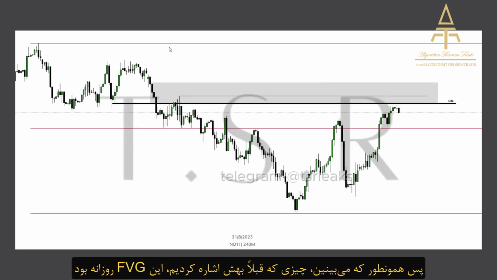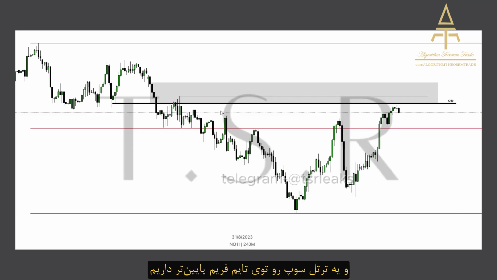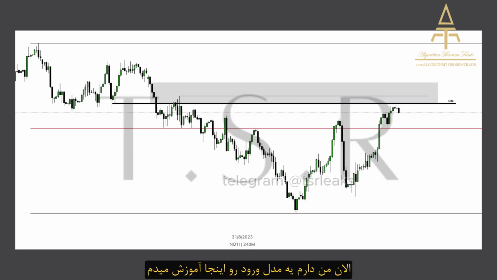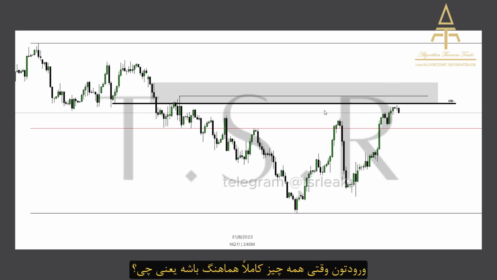So as you can see, what I mentioned before was this daily fair value gap. As we know, an entry model is a higher time frame fair value gap and a lower time frame turtle soup. Guys, pay attention. Whoever came here to learn about turtle soups, I am teaching an entry model right here. Okay? Your entry, when everything is aligned perfectly, meaning what?